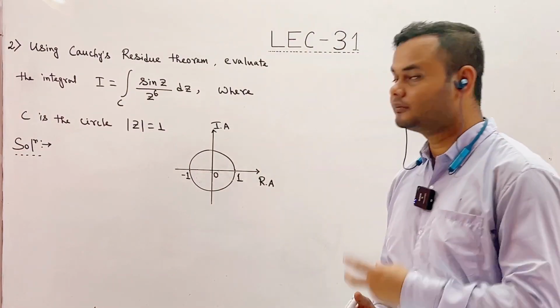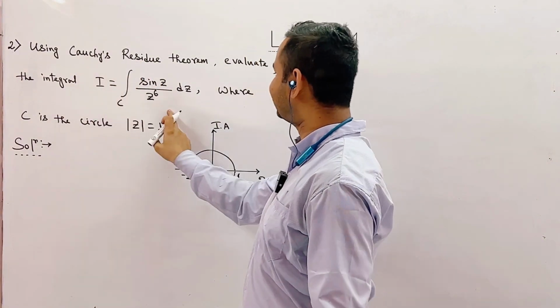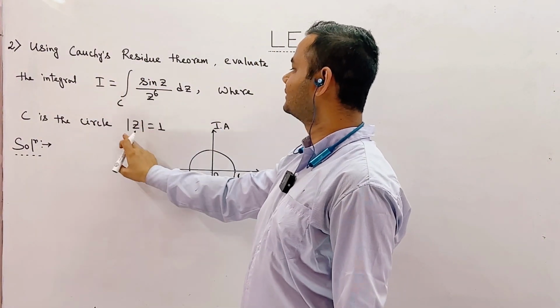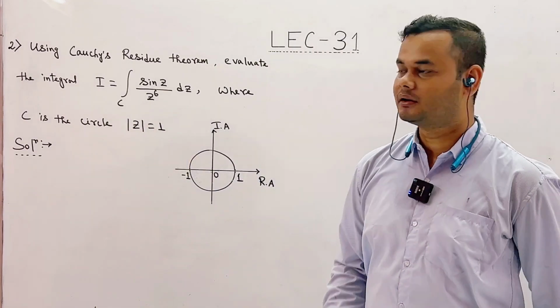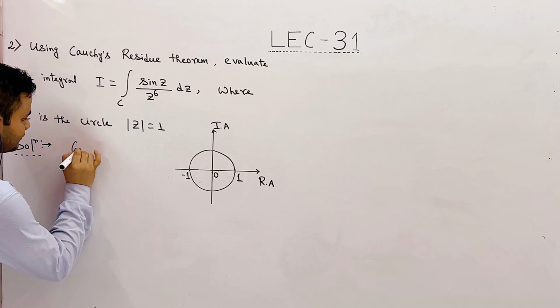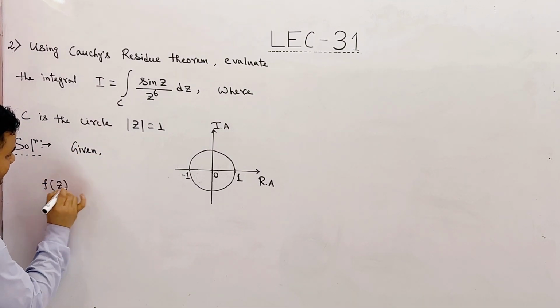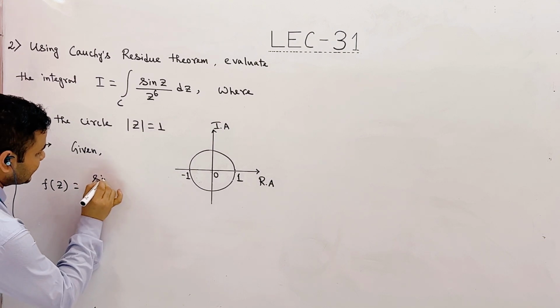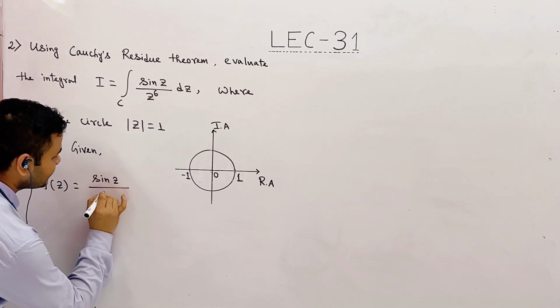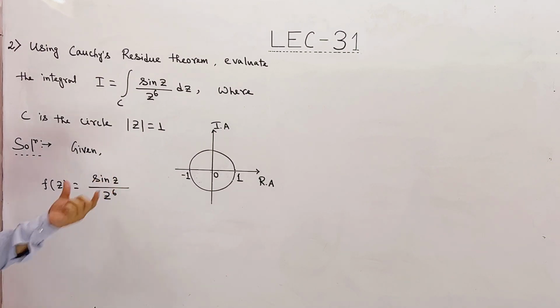Next, let me solve problem number 2. According to this problem, we have to evaluate this integral where C is the circle modulus of z equal to 1. Now, let me solve this problem. Given the complex function f of z is equal to sin z divided by z to the power 6. Now, let us expand the term sin z.